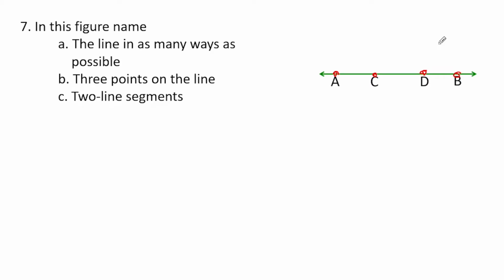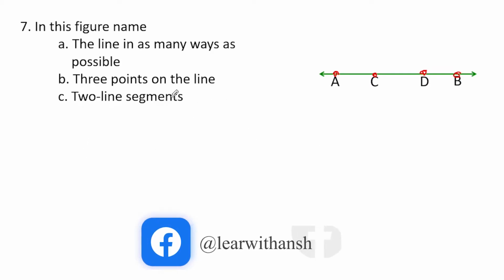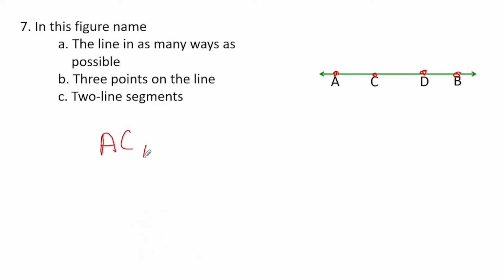So let's write. The first way is line AC. Then we have line AD. Let's add this line symbol. It's very, very important to add this symbol. Then we have line AB.